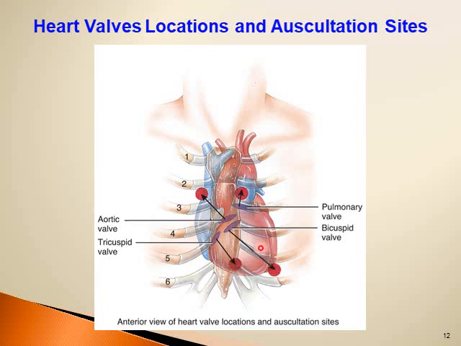The bicuspid valve or mitral valve is heard best on the left side of the sternum, while the other 2 valves are best heard in the second intercostal space on the right and the left side of the sternum. Right for the aortic and left for the pulmonary valve.